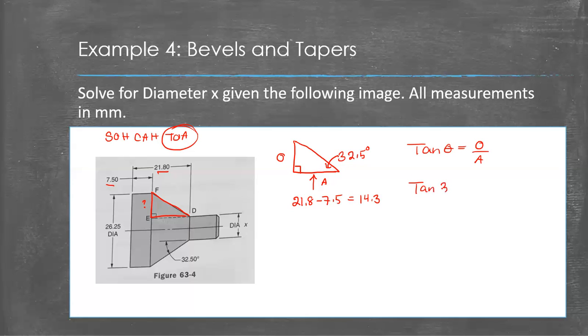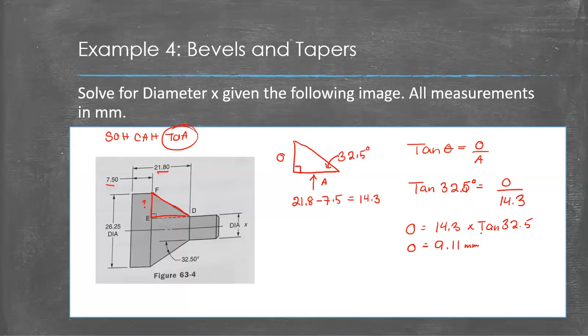Tan of 32.5 degrees is equal to, opposite is what we're looking for, divided by the adjacent of 14.3. The opposite side is 14.3 times the tan of 32.5, which gives you, if you put that into your calculator, the opposite side is 9.11 millimeters.